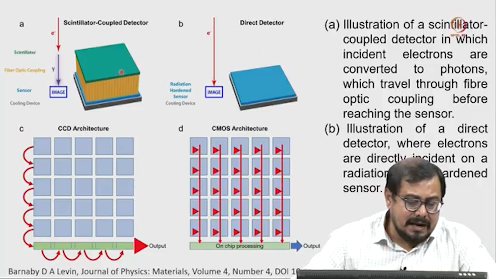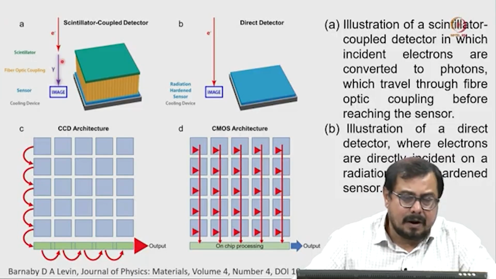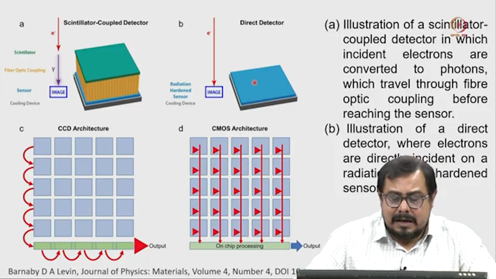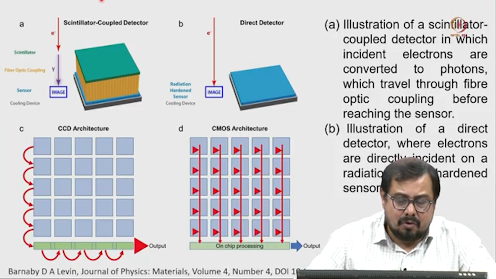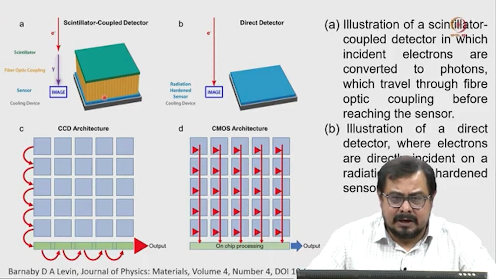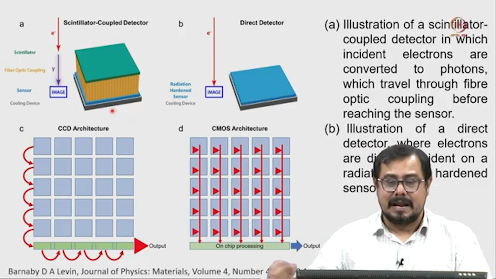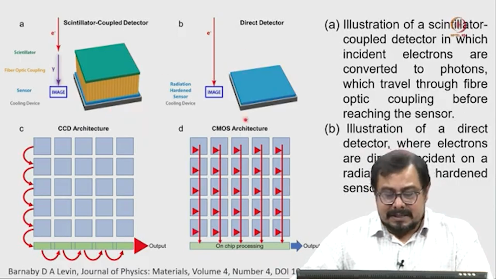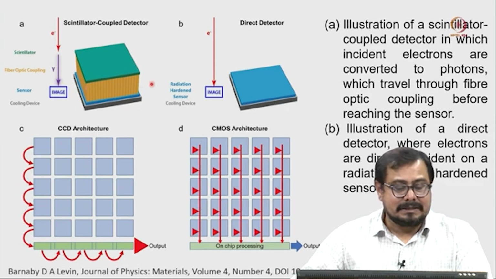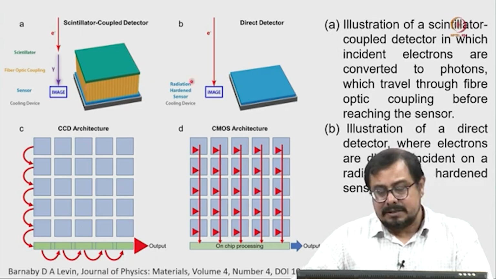We do not need the fiber optics part at all. In a scintillator-coupled detector, the signal is converted and travels a long distance. How that happens I am going to explain in the next slide. But in this particular case, the fiber optics cables are not there.